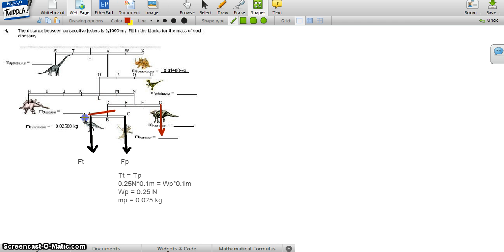This whole thing is going to be providing a downward force of gravity. So that acts right here, acts downward.